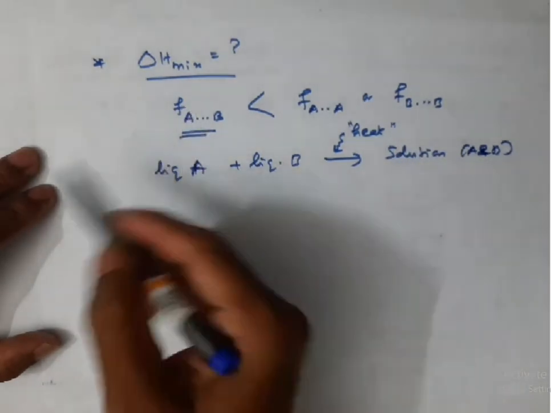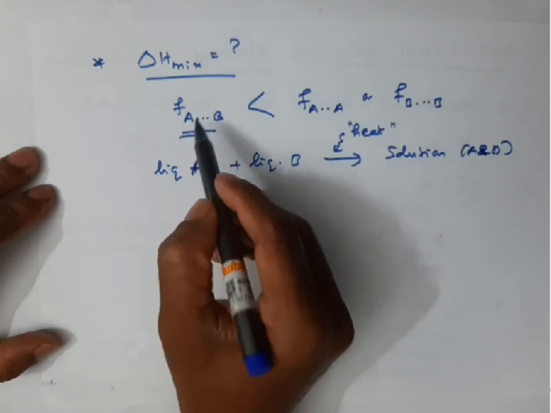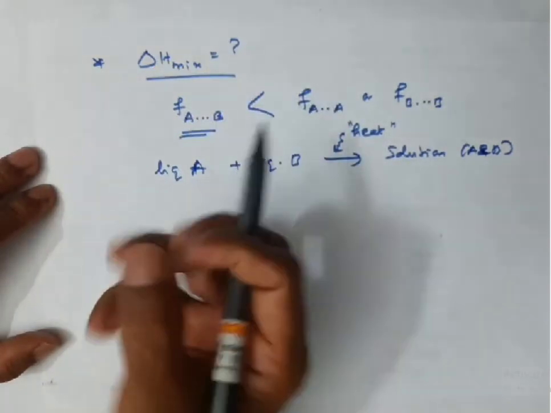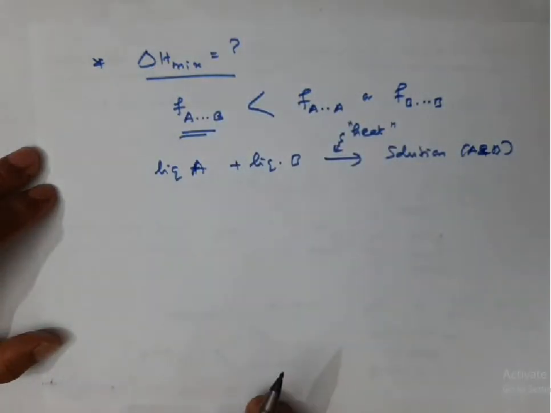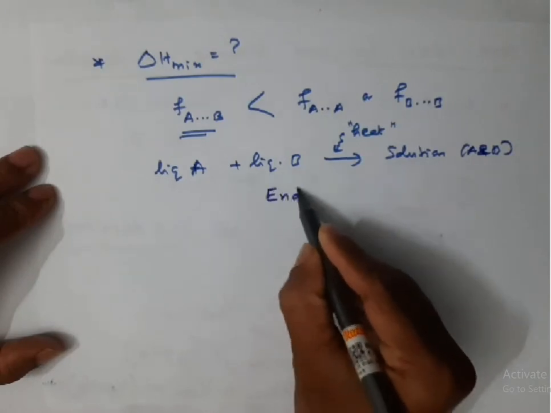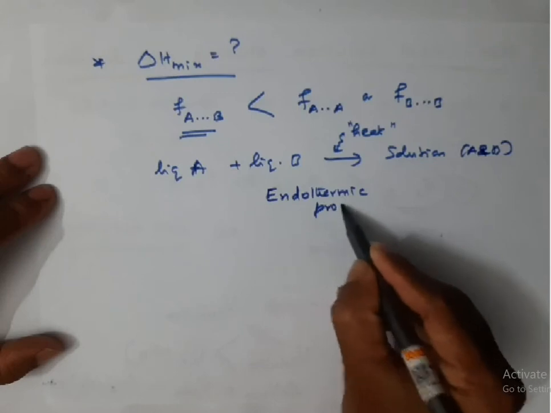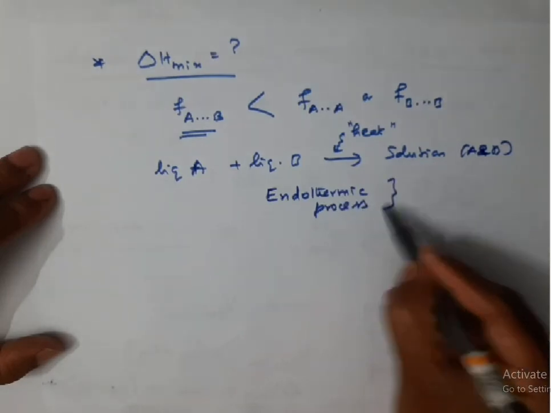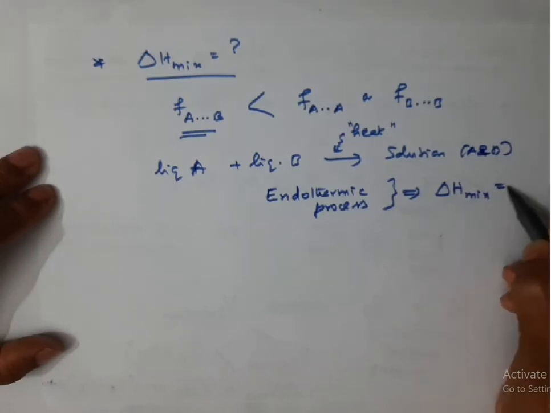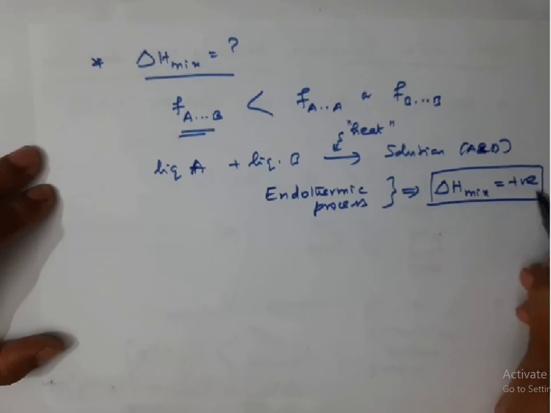Or I can say it the other way: if the force of attraction between A and B is less, you have to supply heat, or heat is absorbed while forming the solution. Therefore, this process is an endothermic process. Heat is absorbed, which means delta H mixing should be positive. Endothermic means it should be positive.